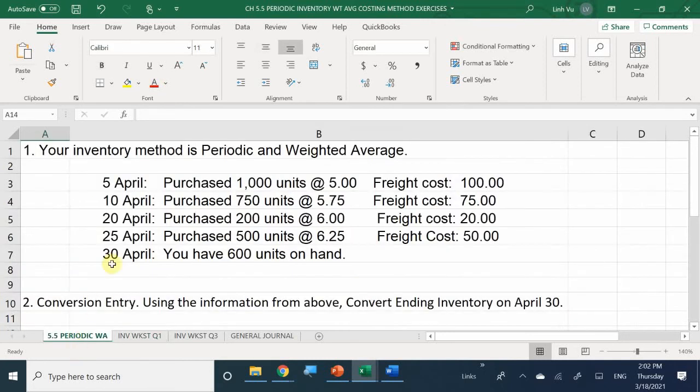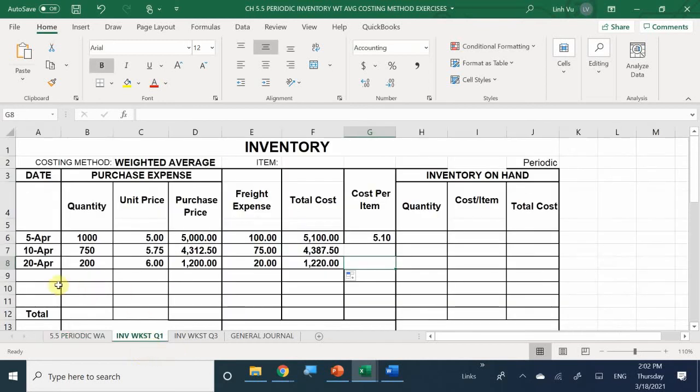Okay. So then what happened on April 25th? You purchased 500 units for $625 each, with a freight cost of 50. So April 25th, 500 at $625, and a freight of 50.